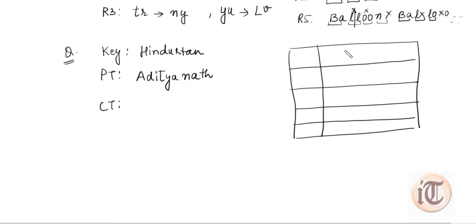While filling this matrix, we consider the letters I and J as one letter, and so we start with H. First comes H, then I, with I and J in one cell, then N, then D, then U, then S, then T, then A, and then N comes again. N is already encountered, so we discard it.